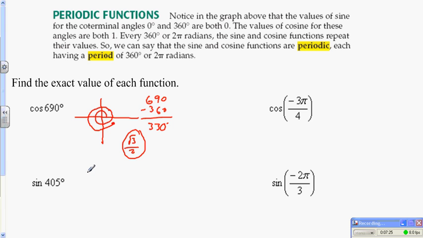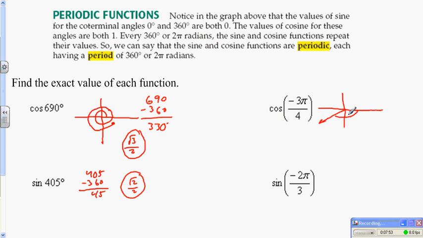405 is the same way. If I subtract 360 from it, it will take it right back to where it was, but with smaller numbers, and that's 45. And the sine of 45 is root 2 over 2. Now, cosine of negative 3 pi over 4 is a negative rotation, to there.